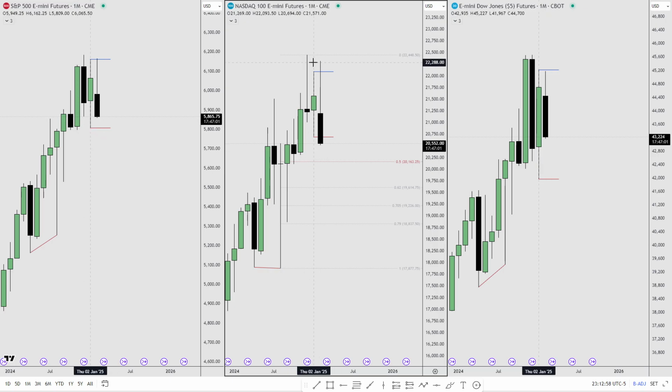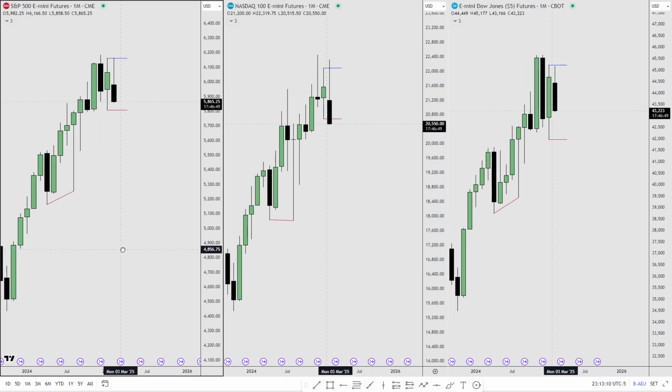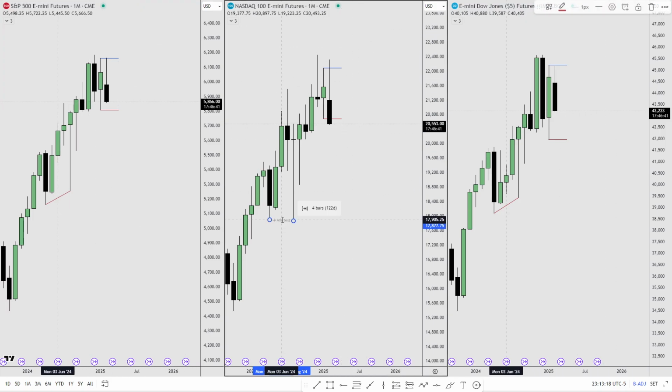I don't think that we have put in the top yet because we did not take out the previous year's high. Usually that's supposed to be the case. So what I'm assuming is we are going to go lower and then trade higher before reversing again. That is my bias for the first half of the year. Okay.